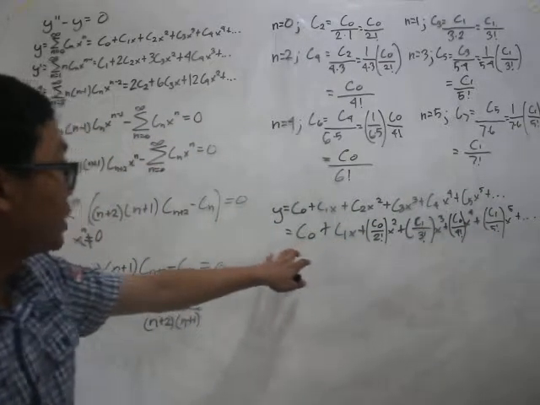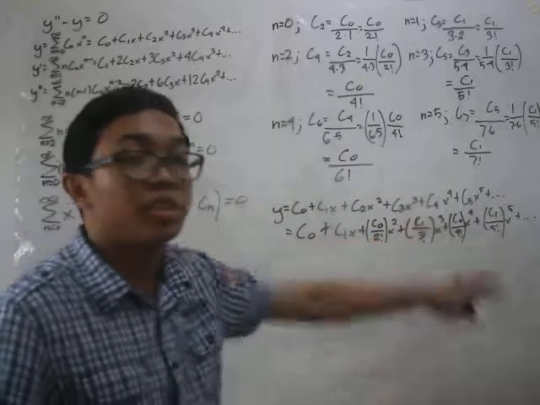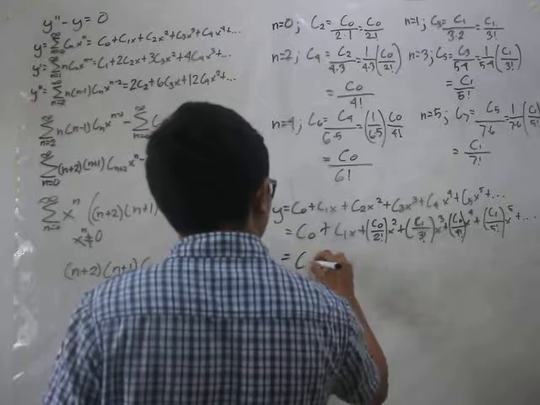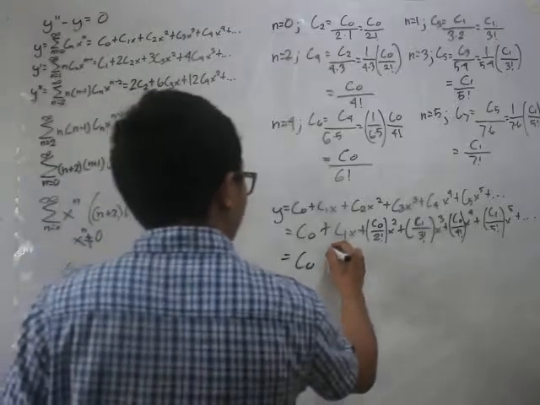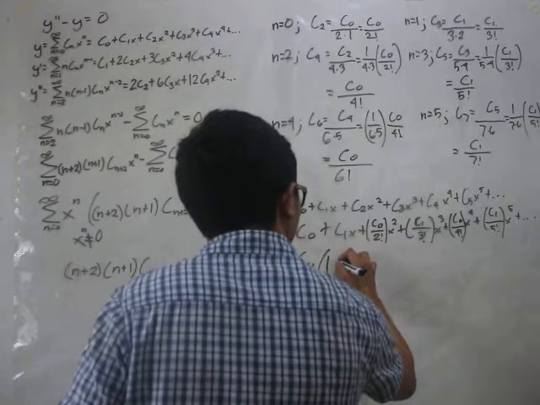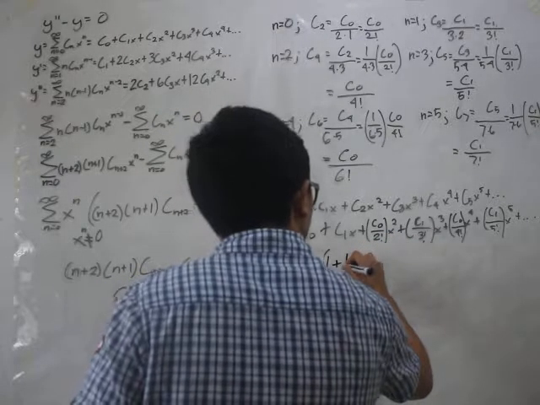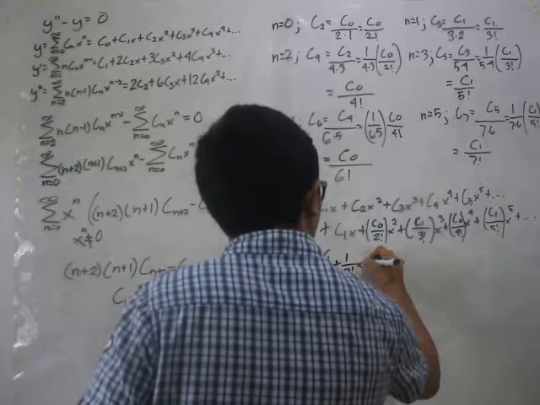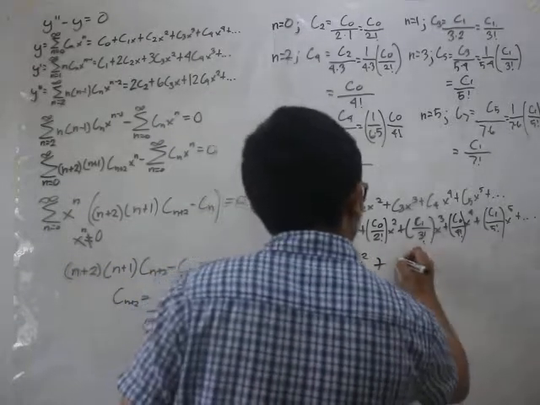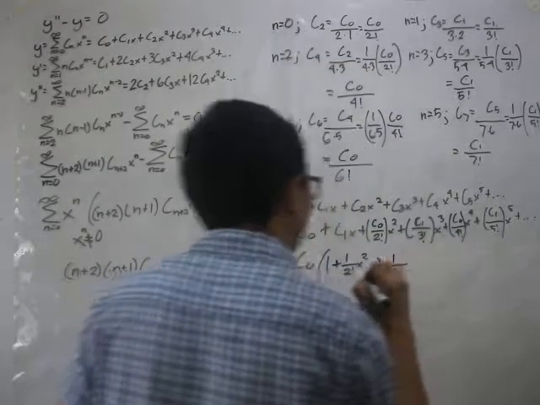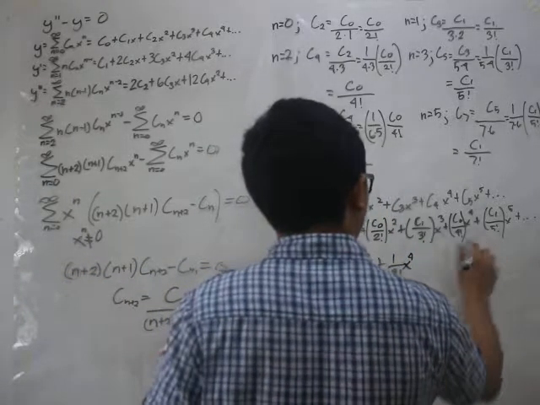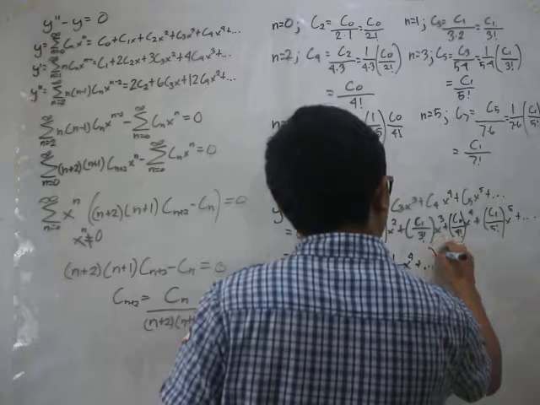So we can now group these because they have common c0s and common c1s. First, I will group the c0s. c0 times we have 1 here, plus 1 over 2 factorial times x squared, plus we have here 1 over 4 factorial times x to the 4th, and so on.